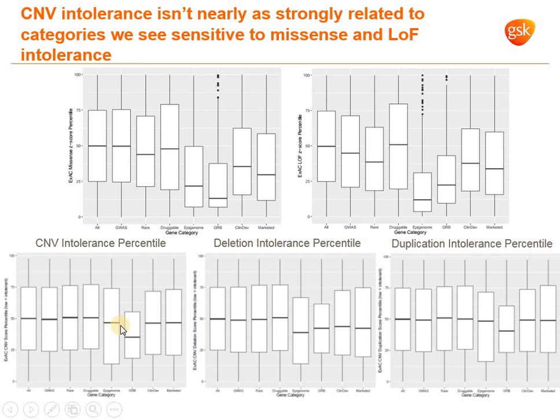One is, I think, just the noise, the lack of precision in estimating these intolerance scores for copy number, because there are so few copy number events observed. And there also may be something really biological underlying this, suggesting that it just may not be as deleterious to protein function when you have modest numbers of copy number changes.